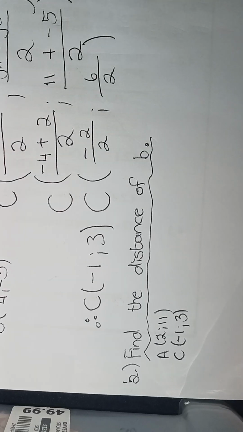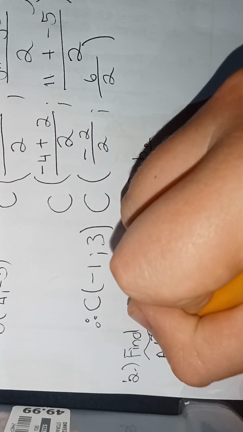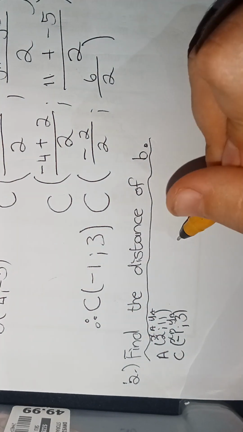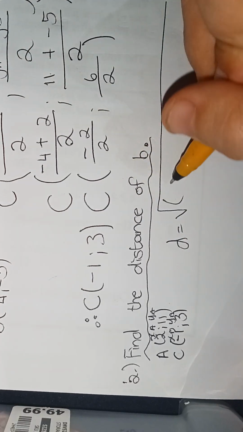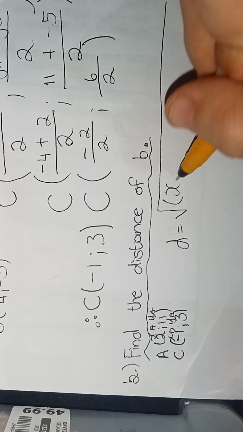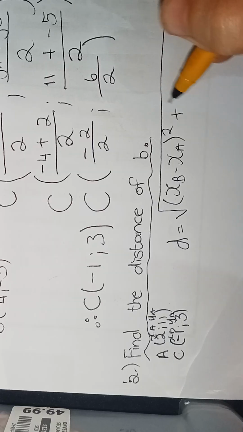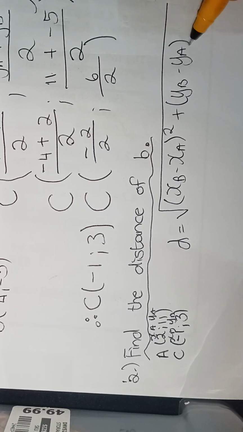Now you can just rename it again: XA, YA, XB, YB. Now the distance formula is D equals the square root of (XB minus XA) squared plus (YB minus YA) squared.